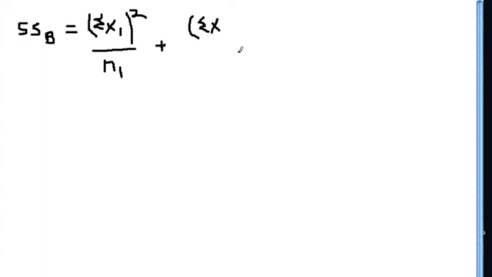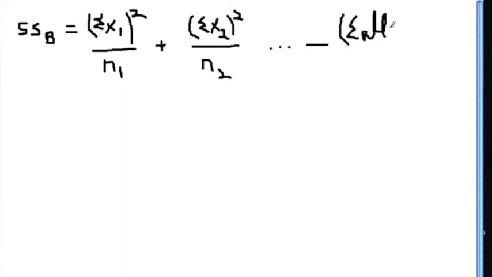So next comes the sum of squares between. Sum of squares between equals the sum of x1 squared over n1 plus the sum of x2 squared over n2. You keep going until you've gotten all the way to all the groups. So in your case, it'll be the sum of x7 squared over n7. And then you subtract the sum of all x squared over the total number.